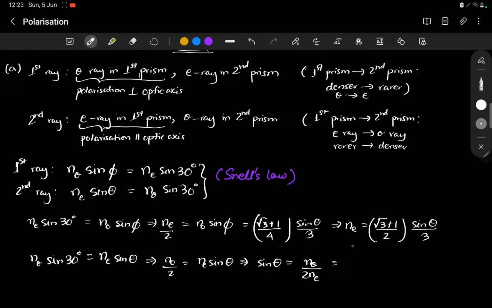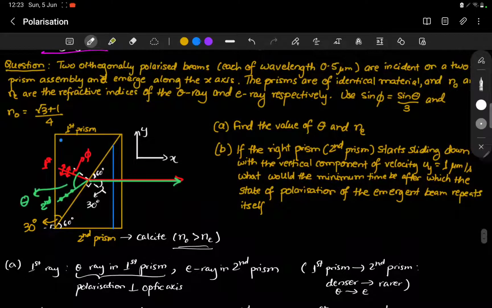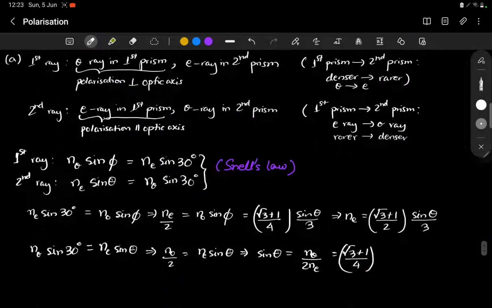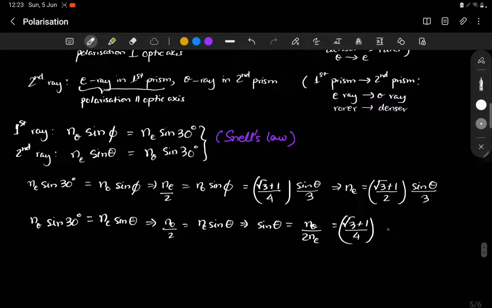Now No we are given is root 3 plus 1 over 4. It is given in the question. This is No, and then divided by 2 and then divided by Ne. Ne we will use from here, from this relation.